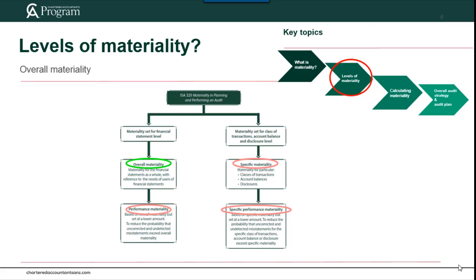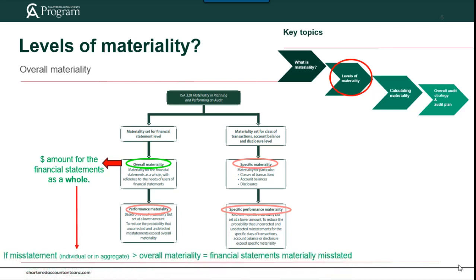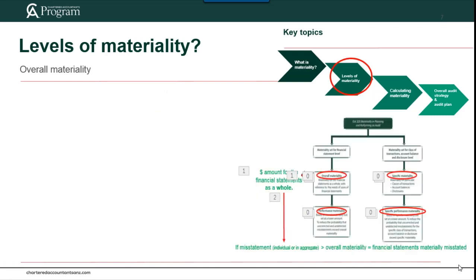Overall materiality refers to the dollar amount that the auditor sets for the financial statements as a whole. Any misstatement, individual or in aggregate, which is above overall materiality, would result in the financial statements being materially misstated. To determine overall materiality, a numerical threshold, benchmark, is used as a starting point.